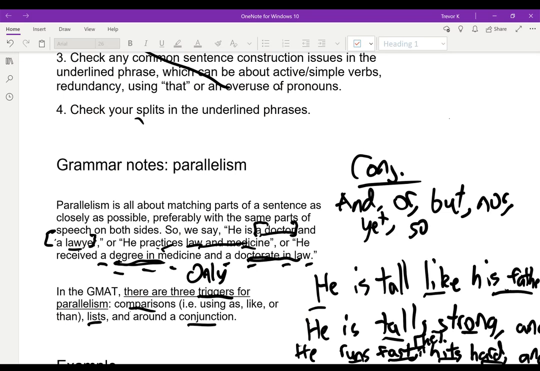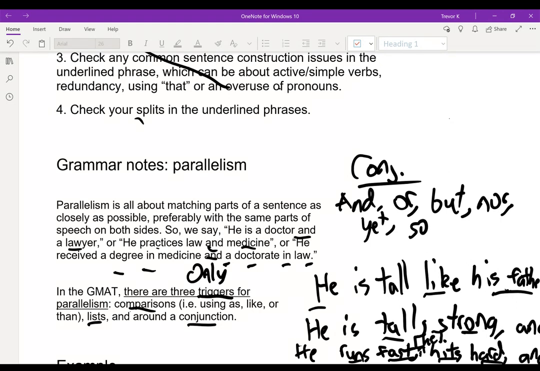So in my examples here, I did a degree in medicine and a doctorate in law, right? So that's my classic conjunction, and it links these things. So, I'm always going to look for parallelism around my conjunctions: and, or, yet, so, but, right?